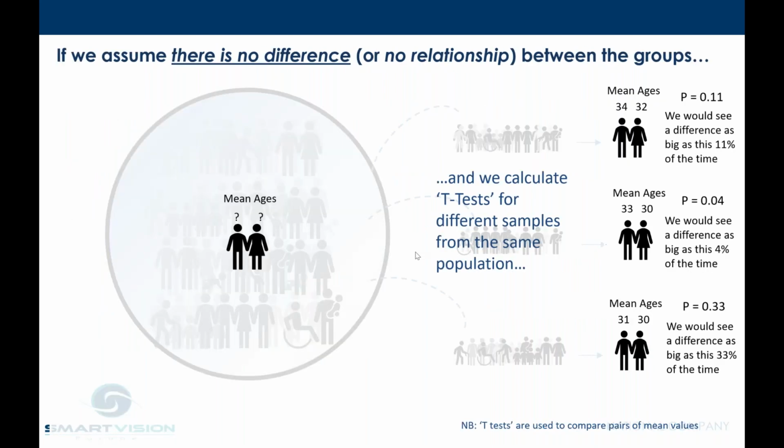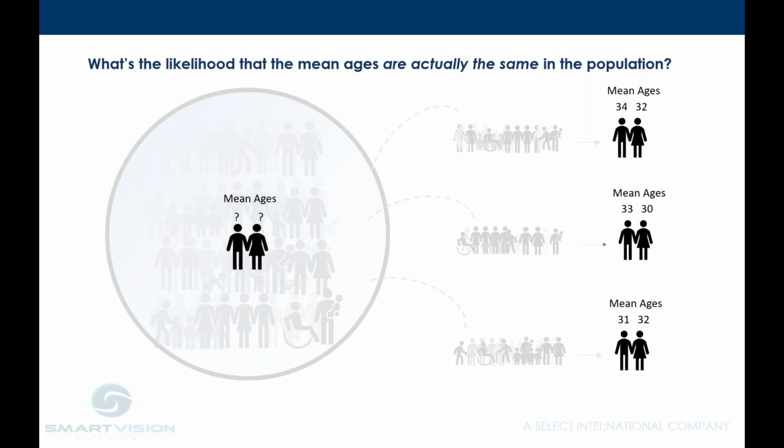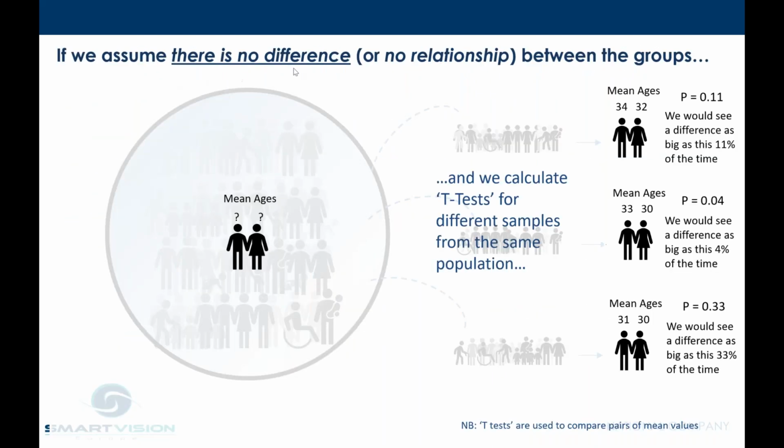But returning to this notion of significance tests, if we assume there is no difference or no relationship between the two groups, in fact, that the mean average age for men and women isn't in any way different from one another, we could calculate a probability value which would tell us, well, if indeed there is no difference, and we're seeing a difference of 34 to 32, let's say, in the mean ages, with a sample size of 100 and a standard deviation of 15 years or something like that, we would see a difference as big as this 11% of the time.